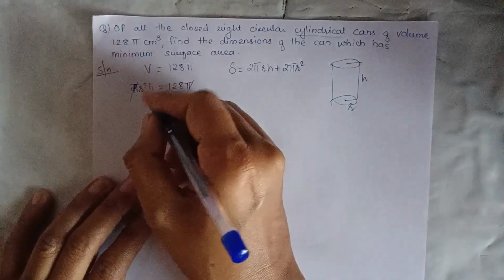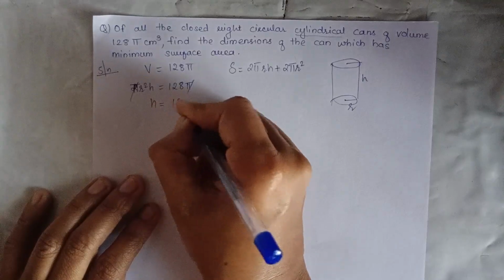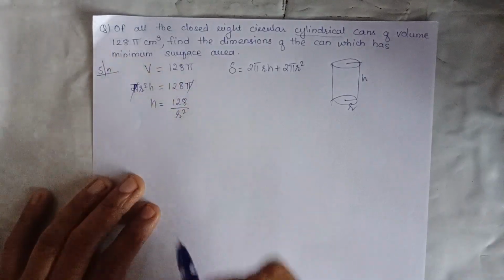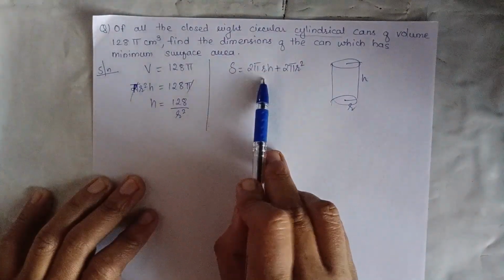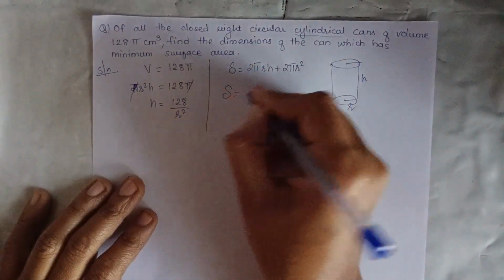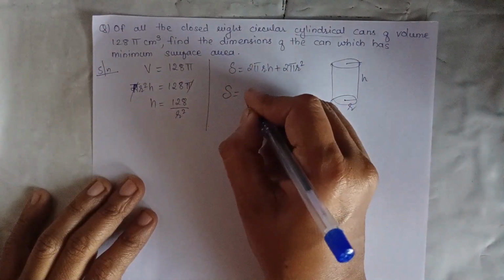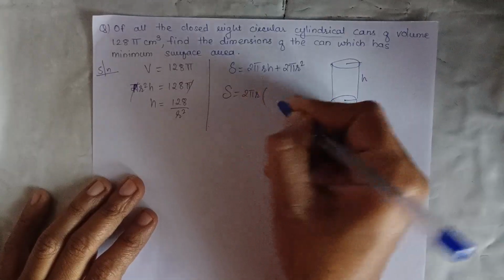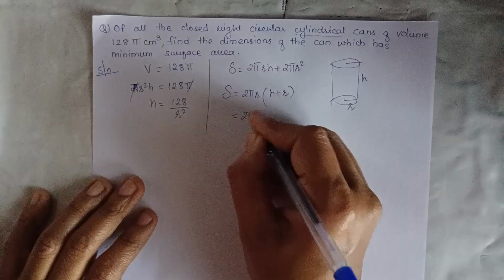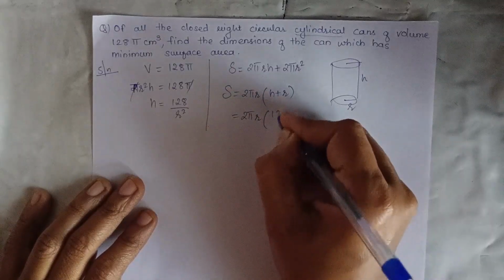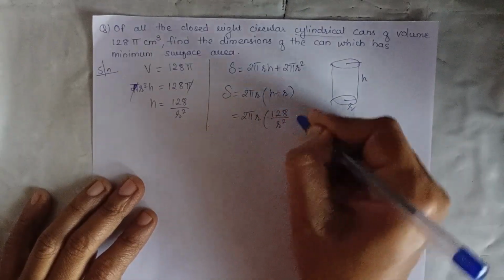So write this as h equal to 128 upon r square. I'll substitute this here, so it will be 128 upon r square plus r.